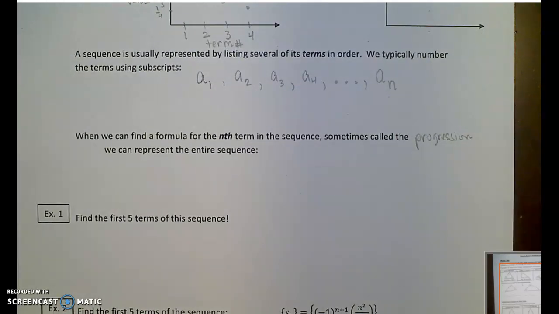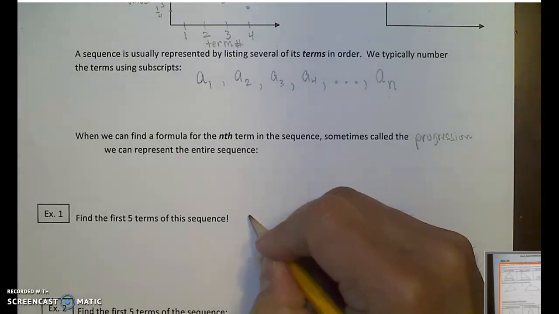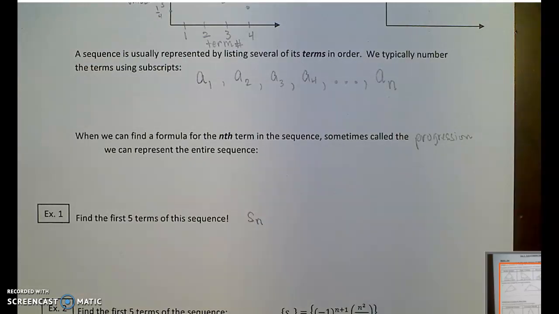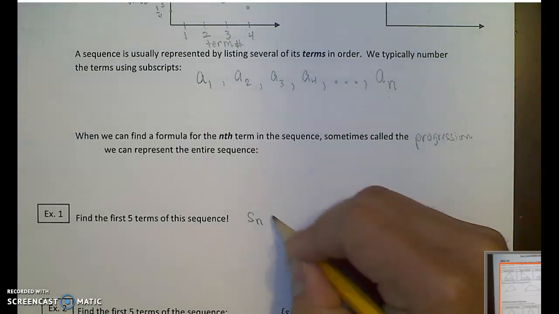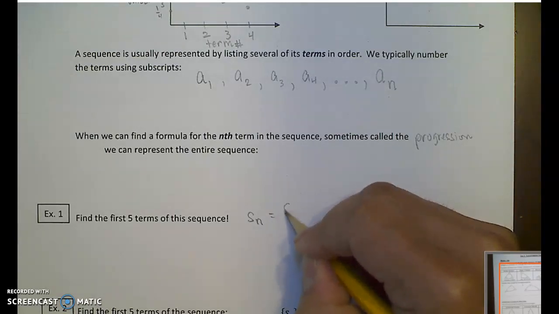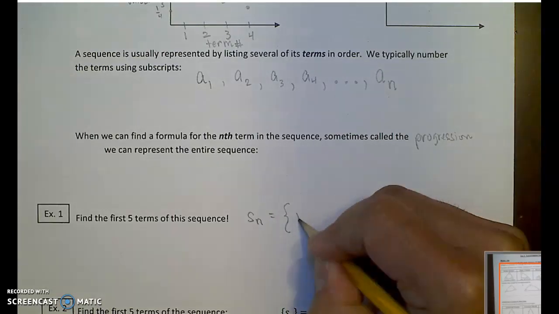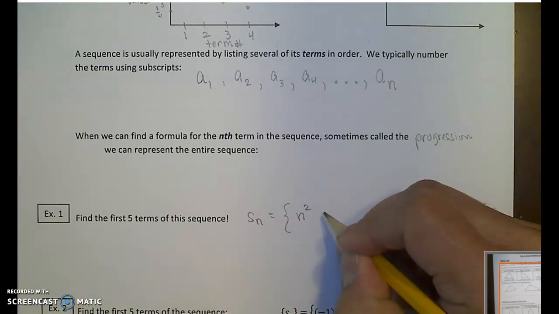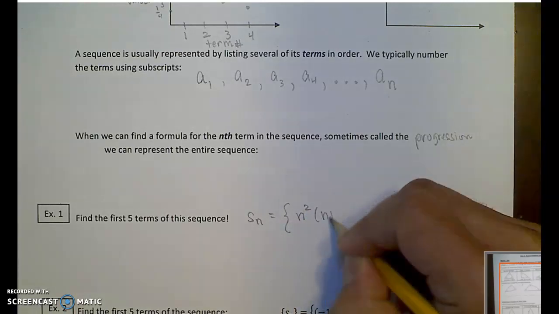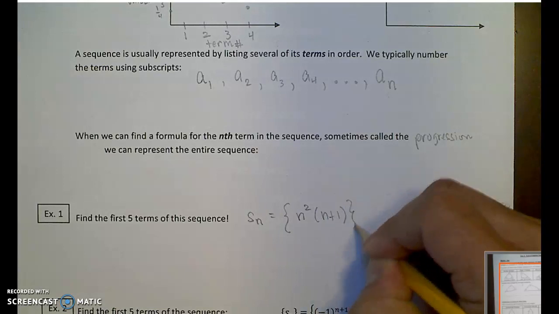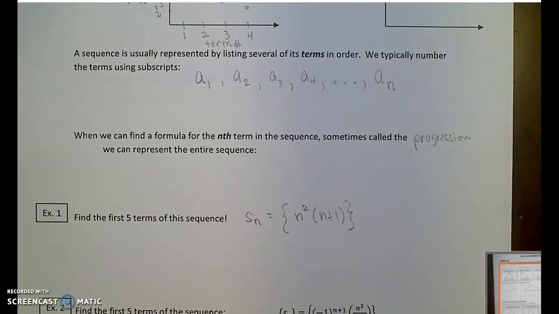So I need everybody to write down the sequence. S sub n is going to represent the sequence, and that sequence is going to be determined by this formula, n squared times n plus 1.